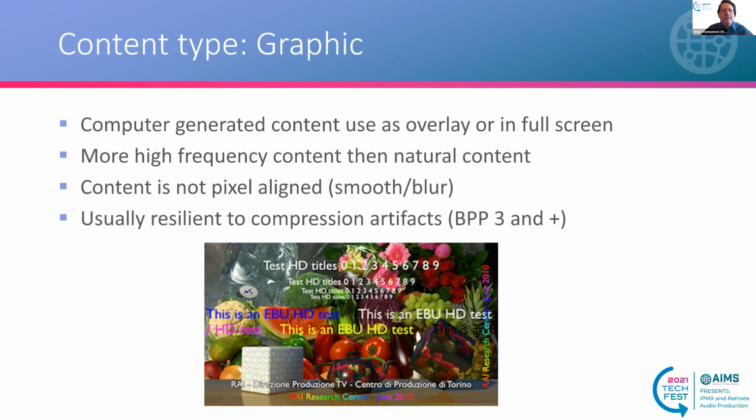But because of the blending and other types of rendering manipulation, the edge transitions are usually soft, and therefore graphic content usually doesn't have very high frequency information. Graphic content will usually have good resilience against compression artifacts and will give correct to visually lossless quality with a BPP of 3 and more.